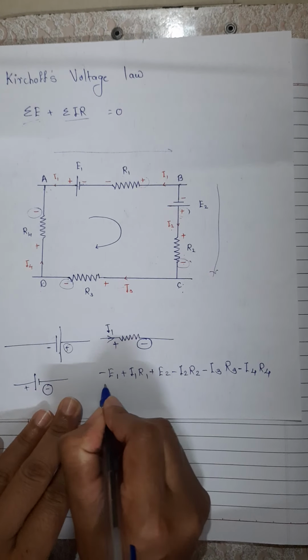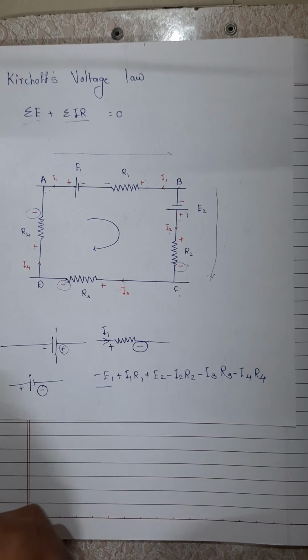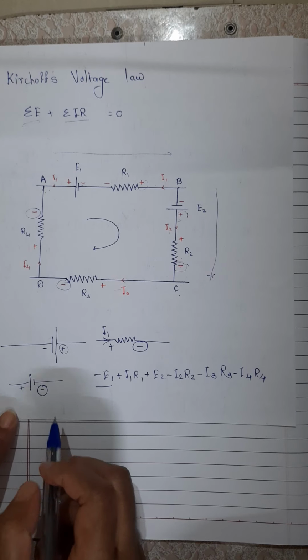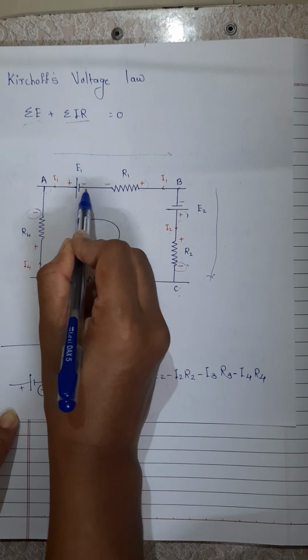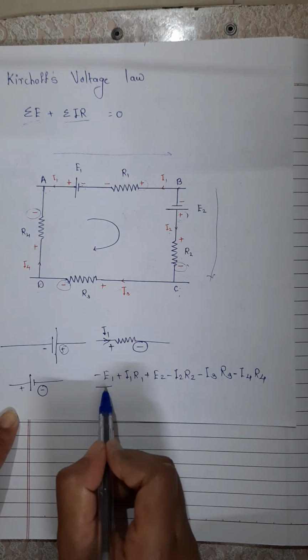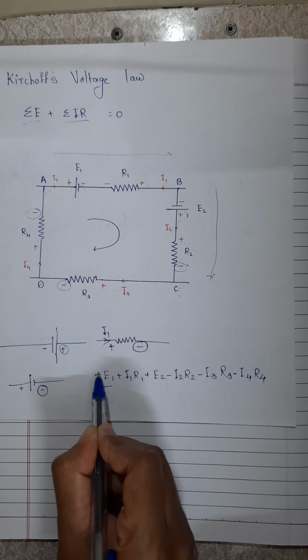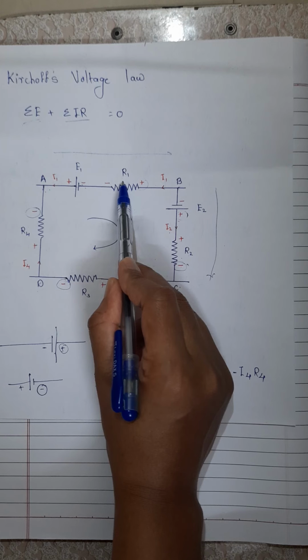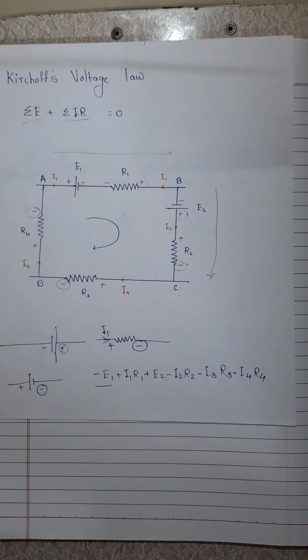Firstly, E1 is taken negative because we are traversing a source of EMF from its positive terminal to negative. Therefore, it is fall in potential. Then I1 R1 is taken positive because we are going through resistor R1 in the opposite direction of current.